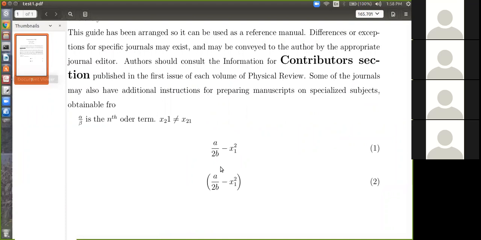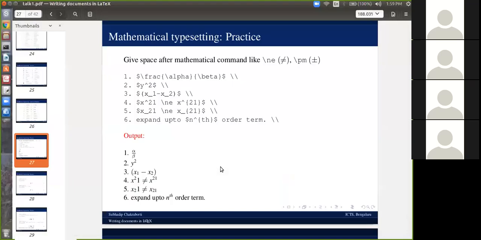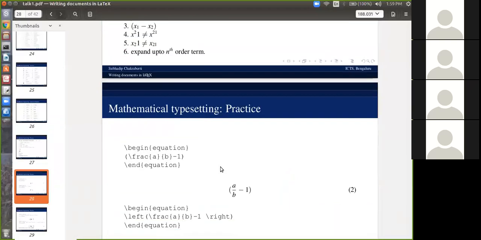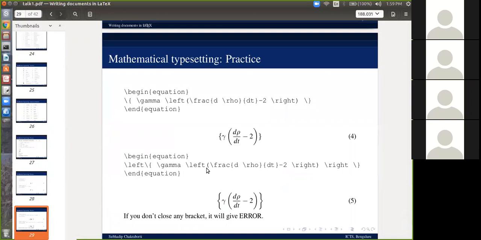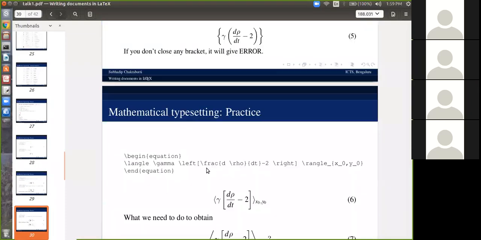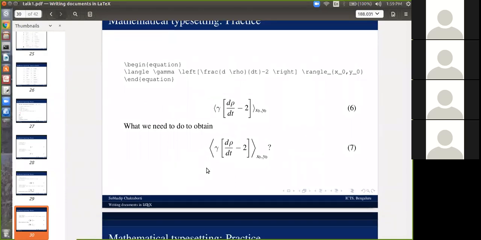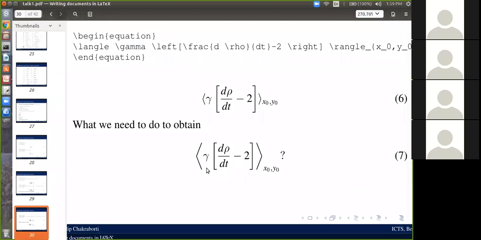I think it is here, right? So second bracket, third bracket. Yeah. So I will try this one now. d rho dt minus 2 within third bracket, then angular bracket, but before that gamma.